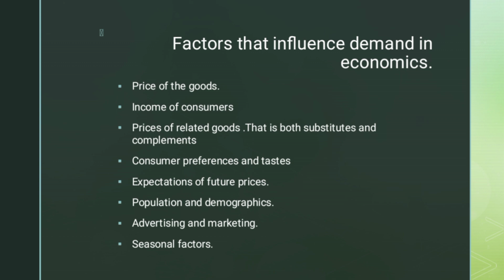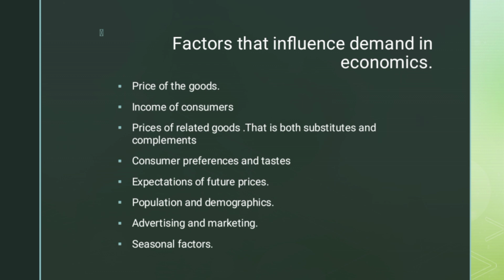So the first factor we are going to look at is the price of goods. Generally, as the price of a good increases, the quantity demanded decreases, and vice versa.